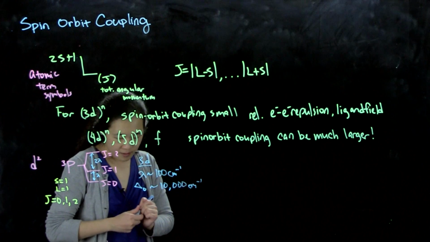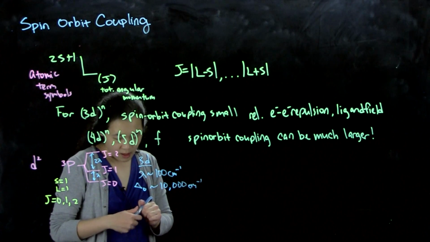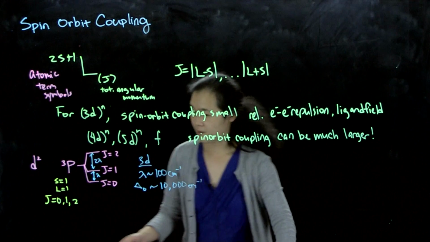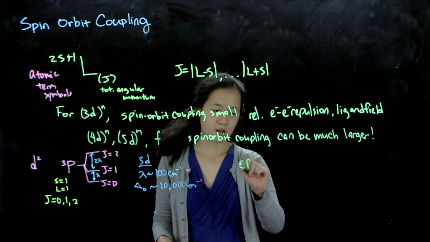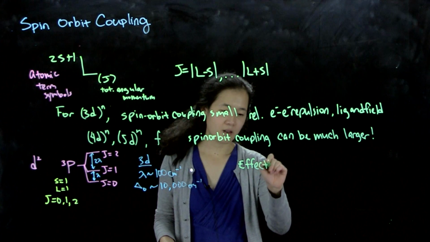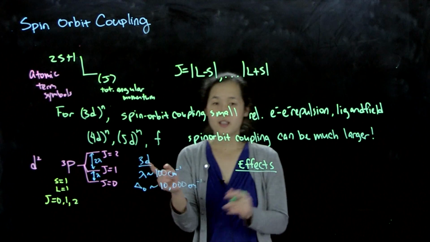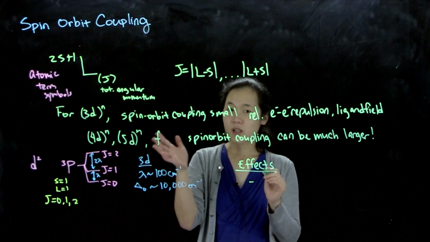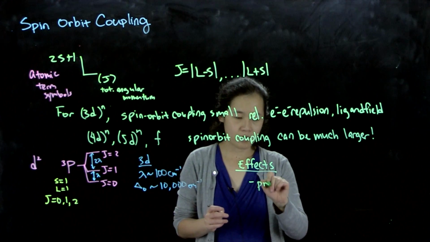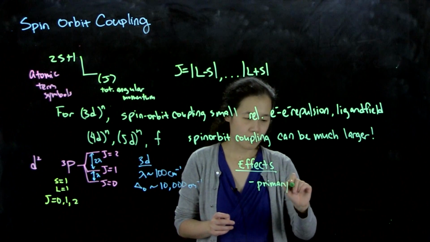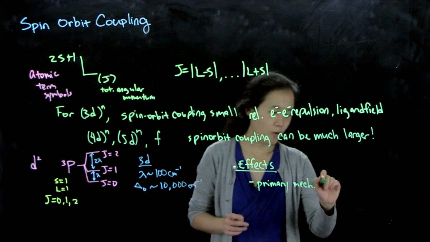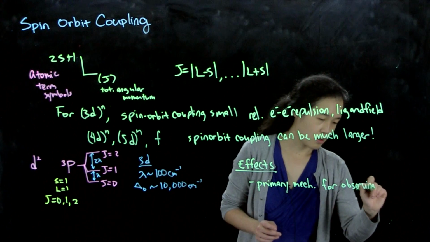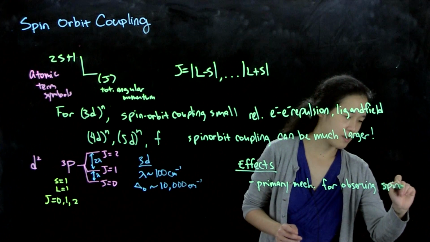OK, let's see. So the effects on spectroscopy. One thing is, spin-orbit coupling is the primary mechanism for observing spin forbidden transitions.